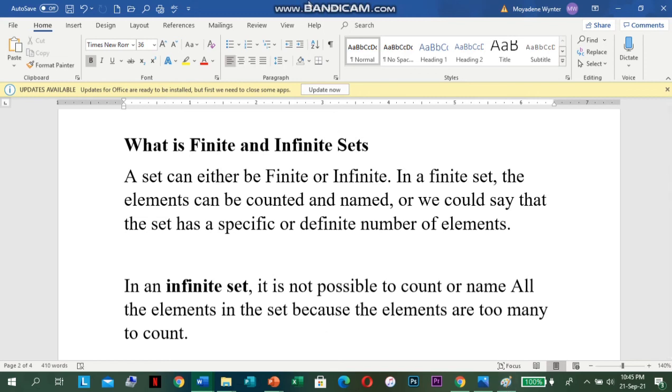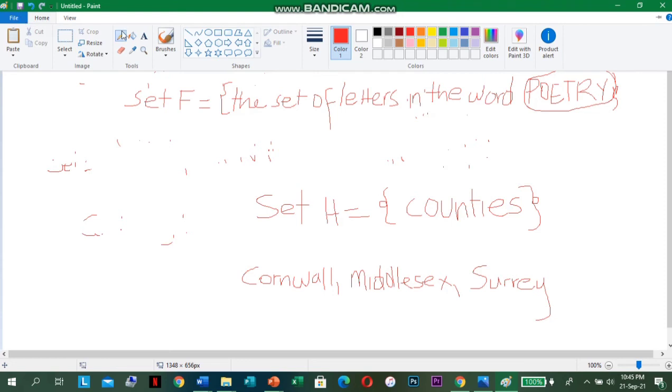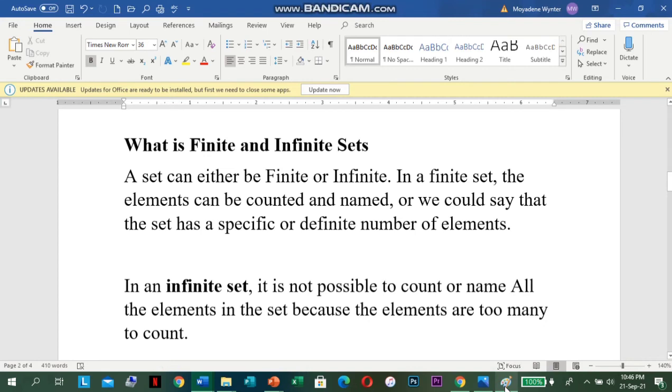And we're going to give an example of this. I want a new board, fresh and clean. Now, going back to the definition again: in an infinite set, it is not possible to count or name all the elements in the set because the elements are too many to count.